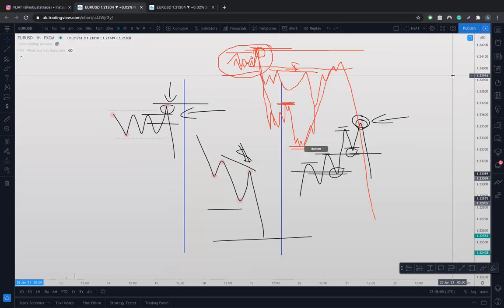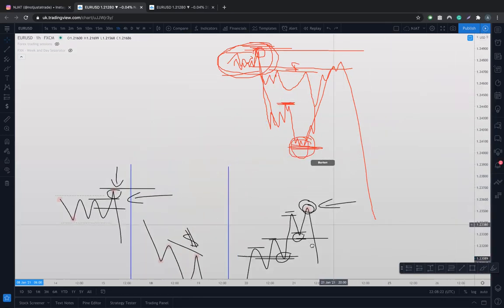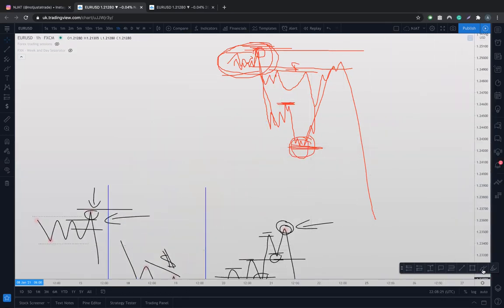All this liquidity is going to get taken. What's important in this price delivery is what's happened up here. And in this move up, essentially this down here is just a weak low now. Between this high and this low, it's just a weak low.